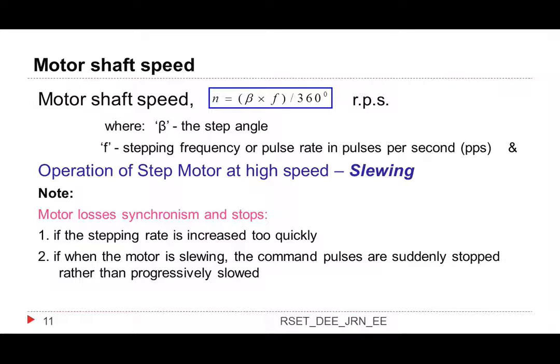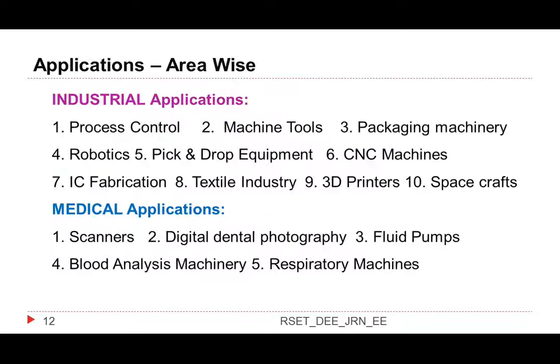If the motor is operating at very high speed, the motor can lose synchronism and stop if the stepping rate is increased too quickly, or if, when the motor is slewing, the command pulses are suddenly stopped rather than progressively slowed.